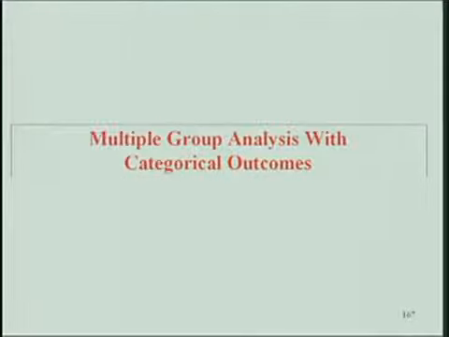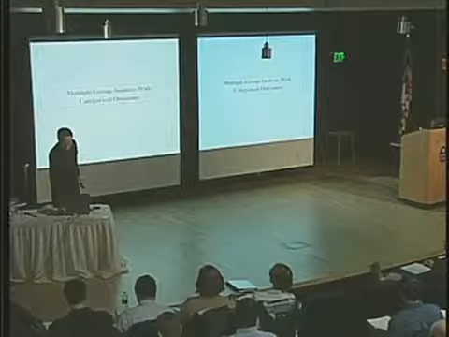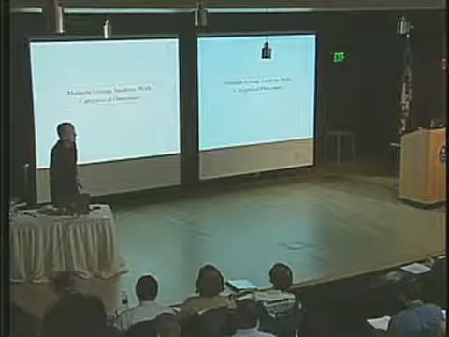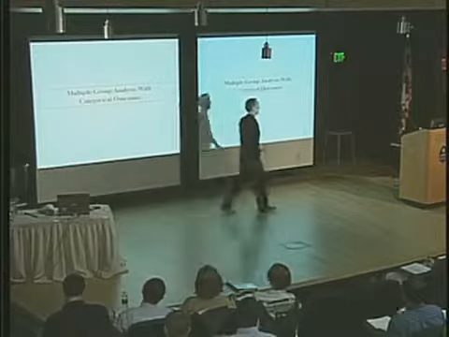All right, folks. We're getting to difficult topics here. And we're not going to say a lot about this topic, mostly because it follows so nicely from the multiple group analysis that we did yesterday.